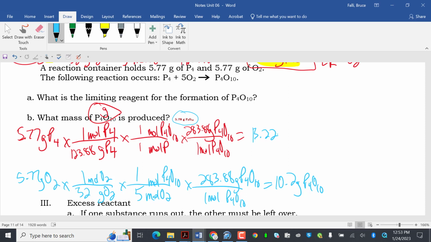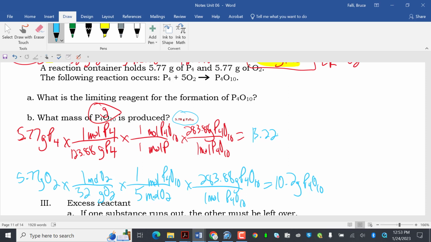So I'm going to do my numbers again and check to make sure they're okay. Times 283, that looks right. 5.77 divided by 32 divided by 5 times 283. I'm going to check my molar masses again. Check to make sure phosphorus is 30.97. So trust the old man brain. It is. Well, I'm going to roll with this.